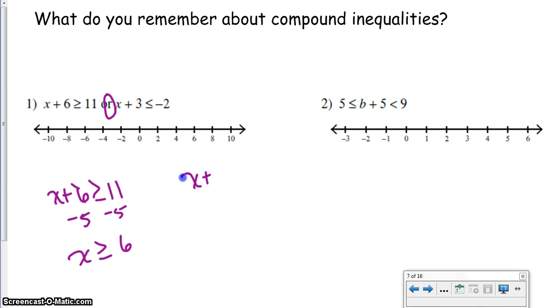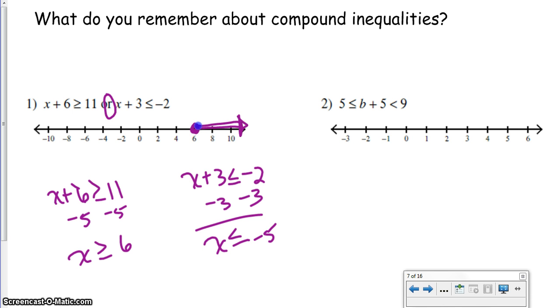But x plus 3 less than or equal to -2. Subtract 3 from both sides. X has to be less than or equal to -5. So, greater than or equal to 6, closed dot, going this way. Closed dot on the -5, going this way.